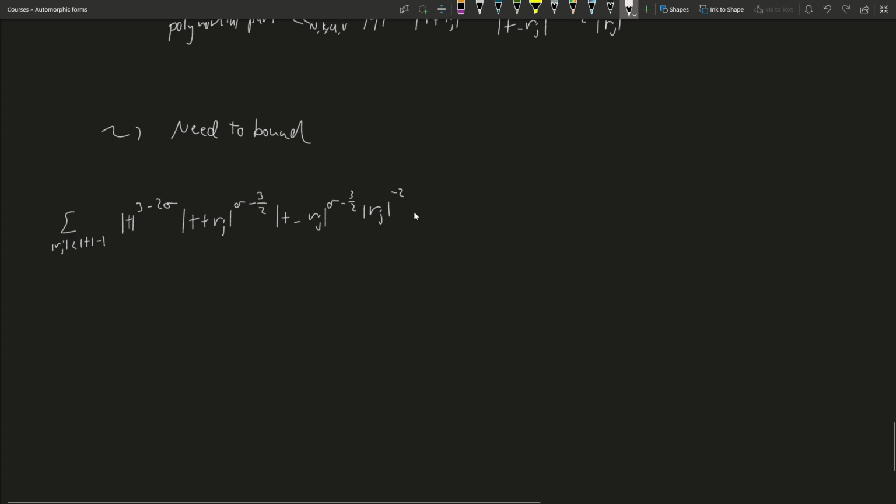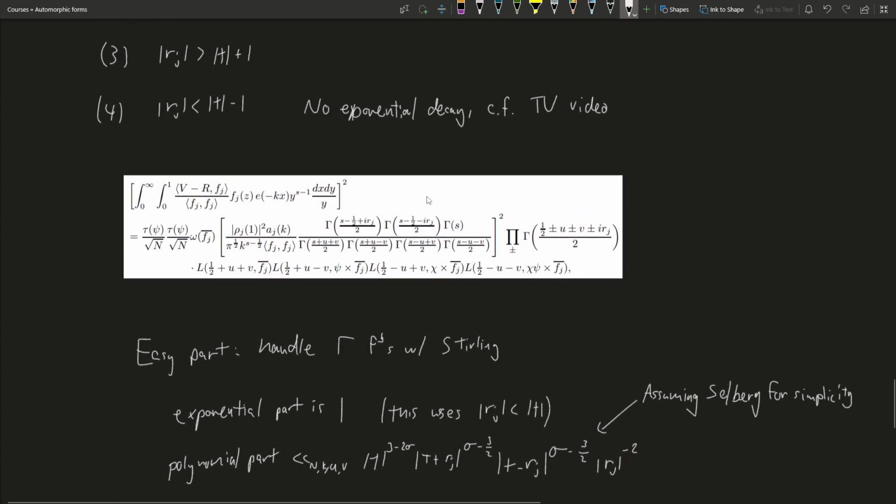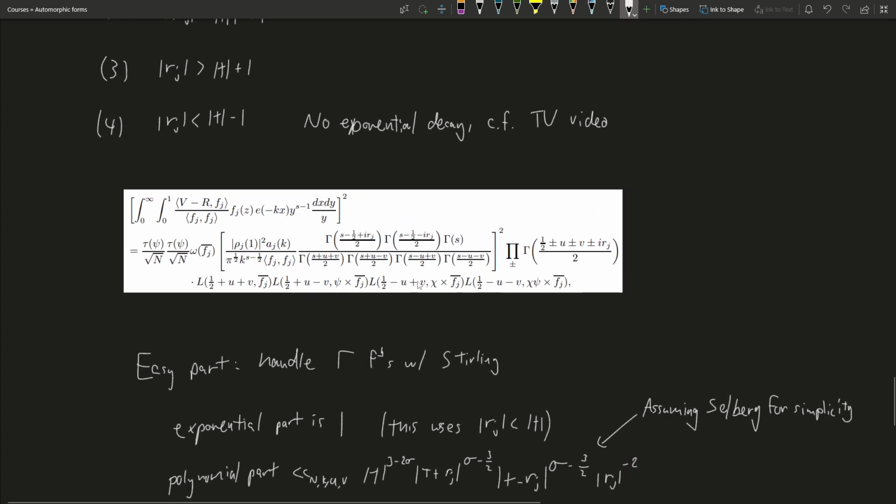And then you still have your L functions. So let's look at this. We have these four L functions right here.